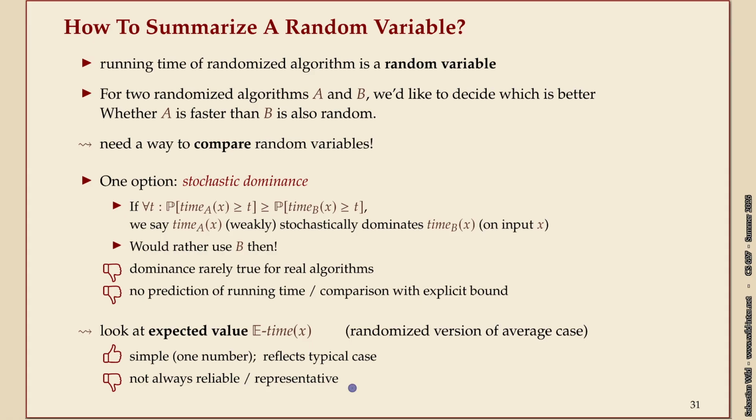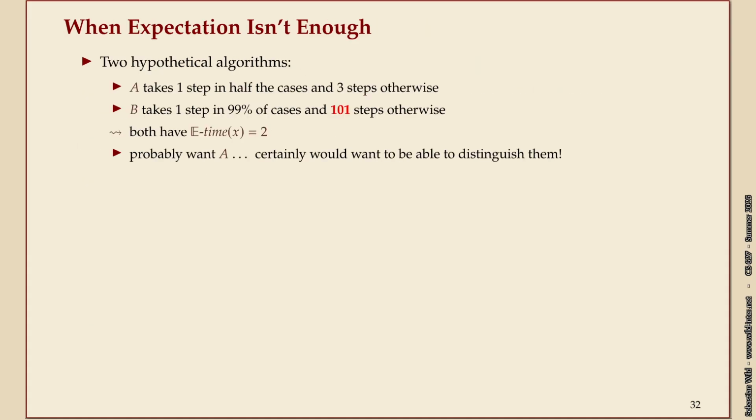The problem there is if you just look at expected values, as all the data scientists know, it's not always representative. Just to make a tiny example, suppose you have two algorithms, both with expected time 2, but A takes in half the cases 1 time step, and the other half cases 3 time steps, whereas B is much more unbiased. 99% it's fast, but then there's this completely destroying outlier.